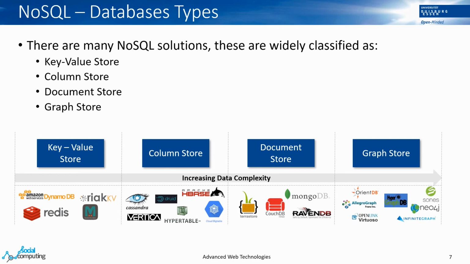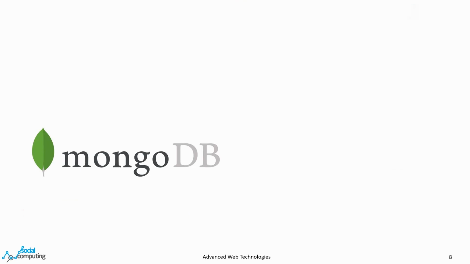MongoDB is a document based solution which we will be discussing in detail in this lecture. And for graph based NoSQL solutions, Neo4j and OrientDB are available for you to use. Now in the next video we will be going into the details of MongoDB.